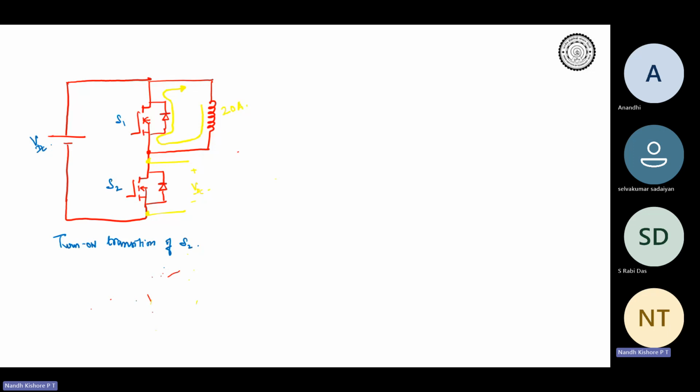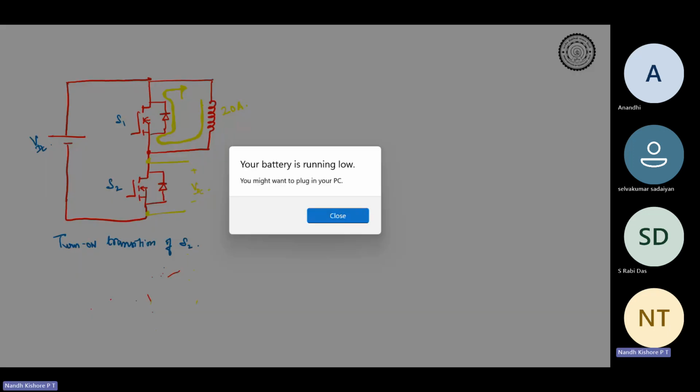Prior to the turn on of S2, the inductor current was freewheeling through the anti-parallel diode of the top device. A similar argument holds good for turn on of S1 as well. Do you understand this?